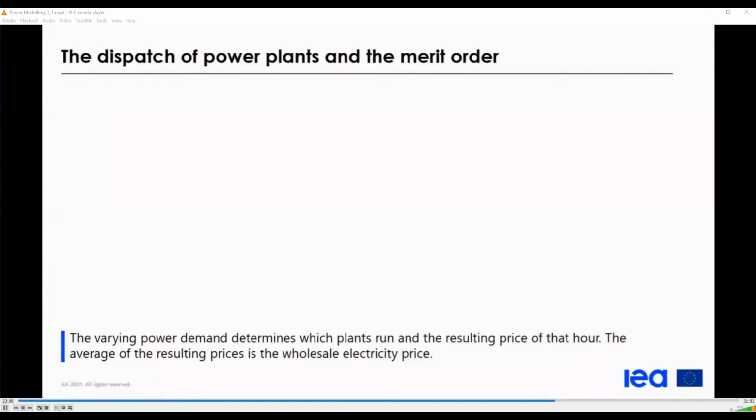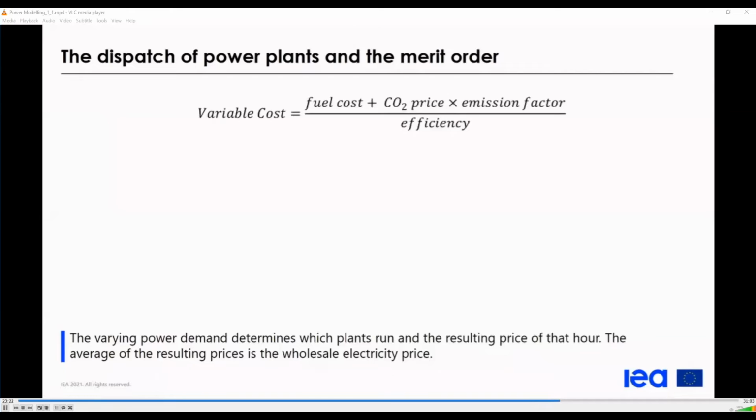One of the most common and most efficient dispatch systems is the merit order. So what is the merit order? This is a least cost approach based on variable costs. Within each hour, we look at which is the best suited plant, which is the least cost plant to generate.